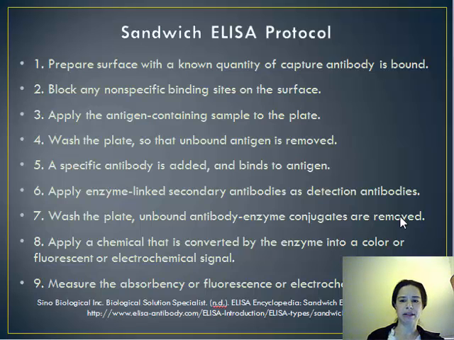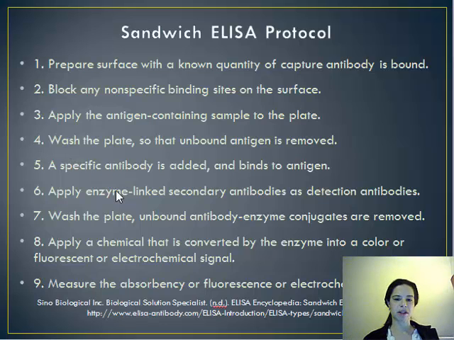So here are the steps listed out in a little bit more detailed format. Again, you prepare your surface. You block any nonspecific binding on the site. You apply your sample that contains your antigen, and then you wash your plate in step 4, so that anything that's unbound is going to be removed.